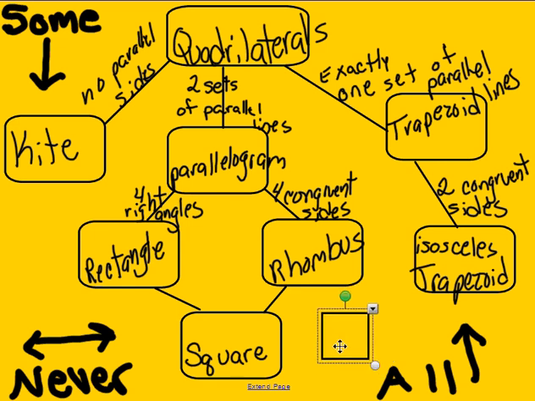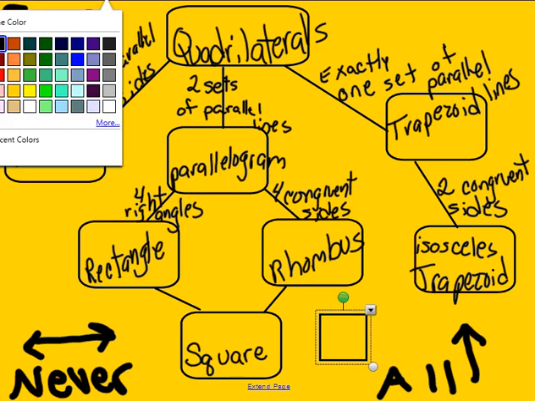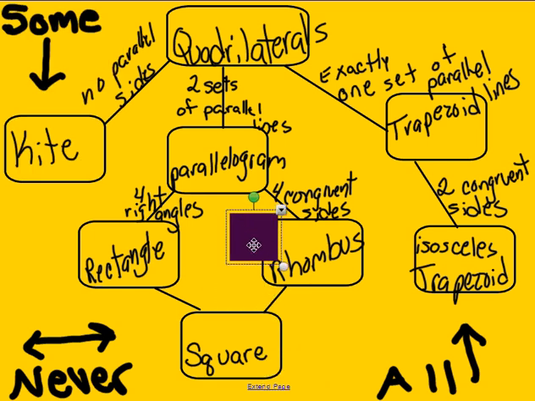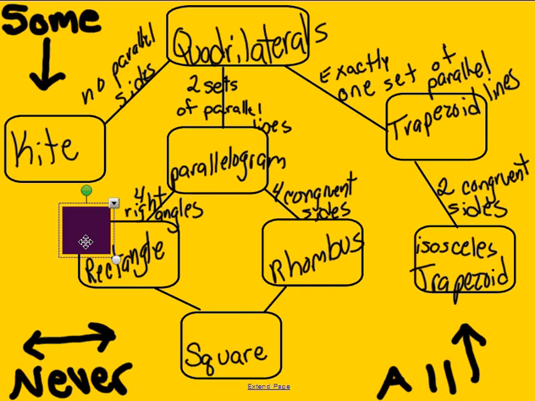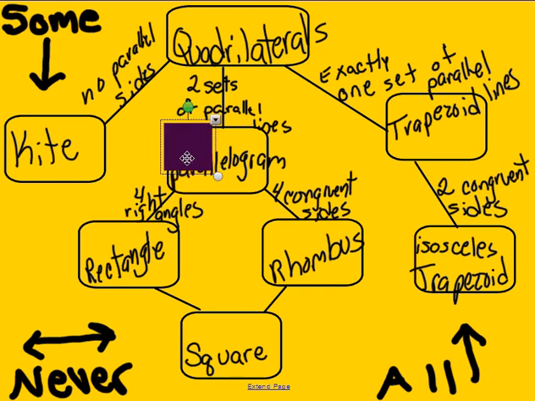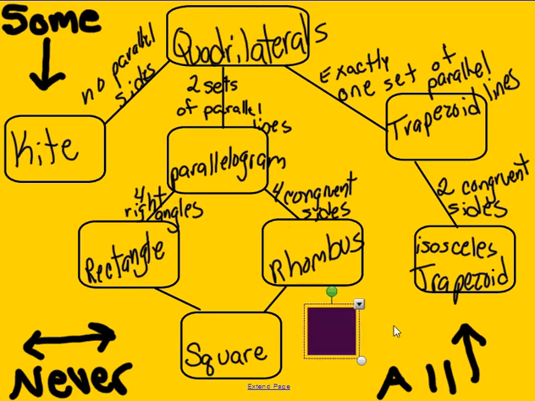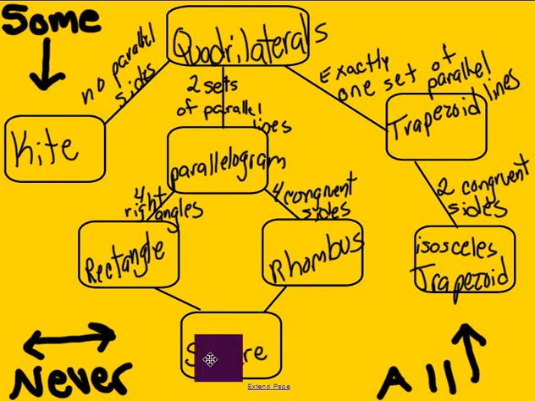So this square can be represented as a square, a rhombus because it has four congruent sides, a rectangle because it has four right angles, a parallelogram because it has two sets of parallel lines, and finally a quadrilateral. So this square actually has 5 different names that it can be given that are all accurate. If I was asking for the most specific name, it would be considered just a square.